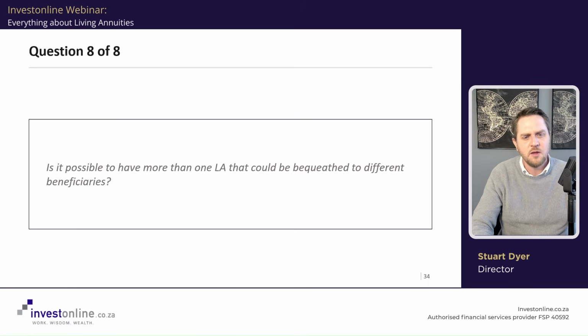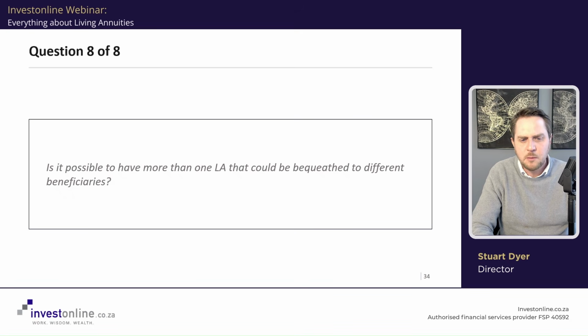What that means, if you've nominated one person as the primary, and when you pass away, that person's passed away at the same time or prior to you, then the secondary beneficiaries would kick in. So it's almost like a will where you've got your different levels of bequest, or let's just call it wishes in simple terms. And you can do that within one living annuity. Otherwise, if you've got many living annuities, you could have that however you like.